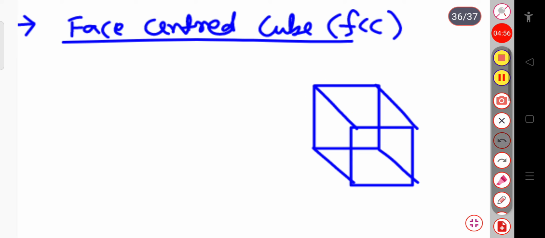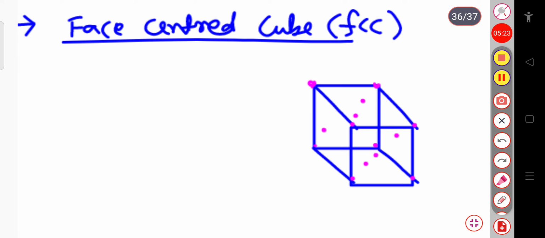Let me simply represent them by dots. In FCC, the corner atoms are present in the unit cell as well as on the faces. There are 6 faces in a cube, so on the 6 faces there will be 6 atoms present.